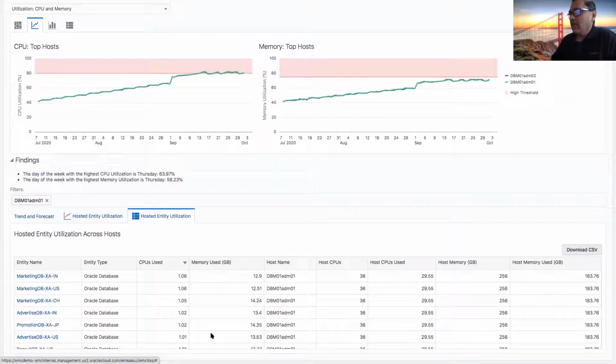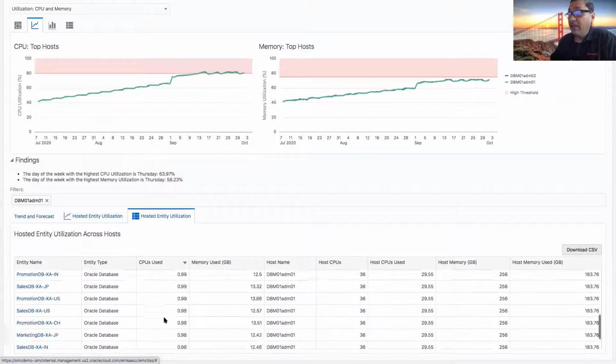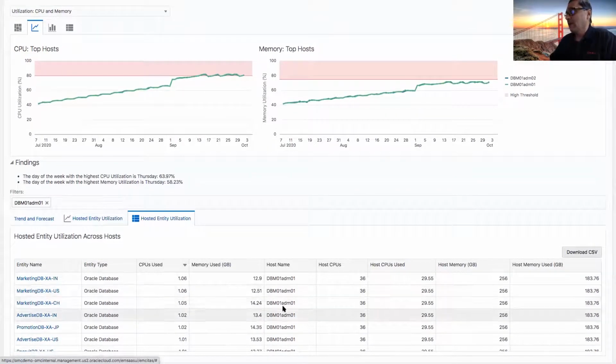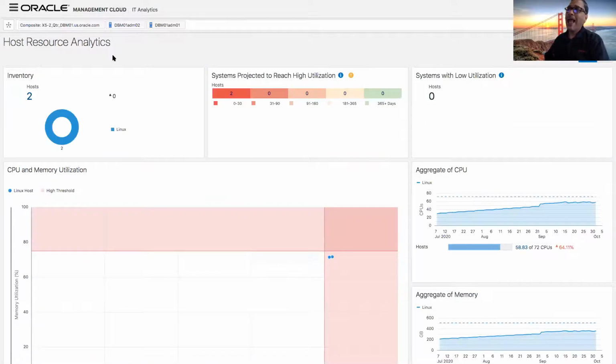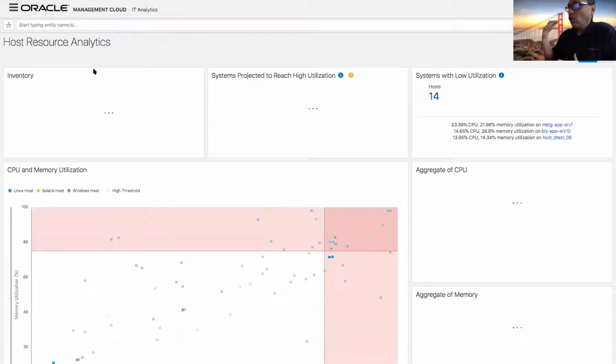So I can clearly find out which database or databases, if it is not just one. I have multiple databases running against this host, so it's probably a group of databases that's causing this issue. This is one of the use cases. I can use it without an Exadata angle, just as a pure host analysis.